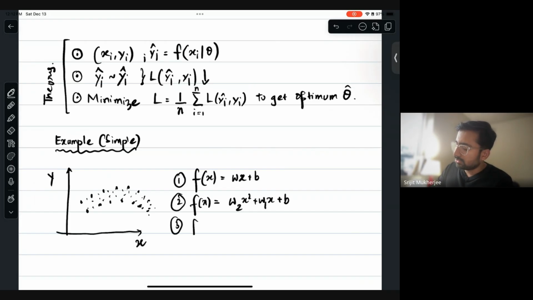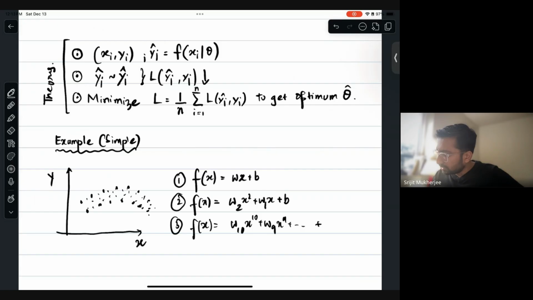And let's take the third to be some w10 x to the power 10 plus w9 x to the power 9 plus dot dot dot plus w1 x plus b. So it's a 10-degree polynomial.